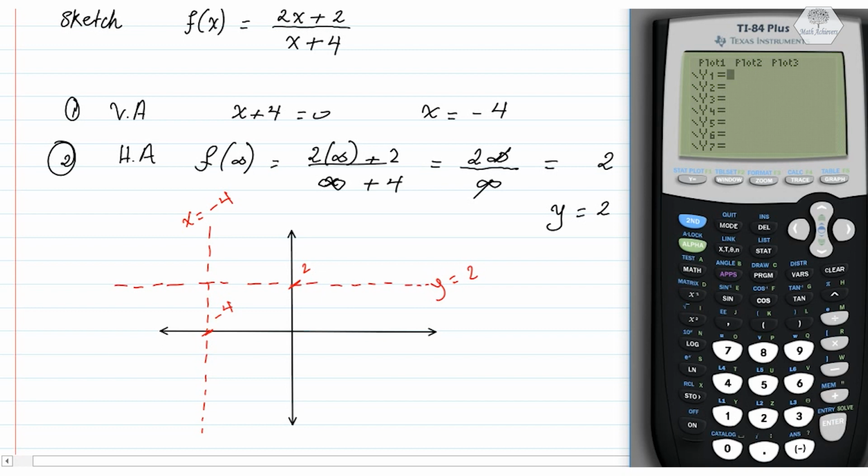We put f of x in our first function y1, so we use a bracket here: 2x plus 2, divided by x plus 4.